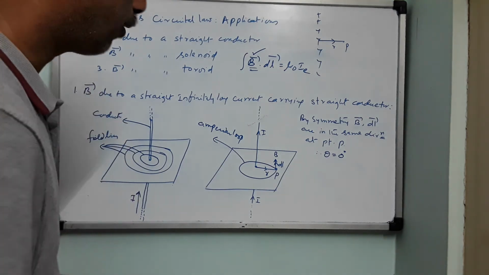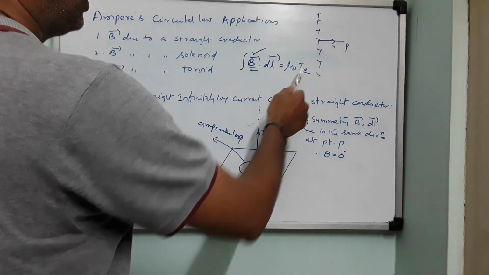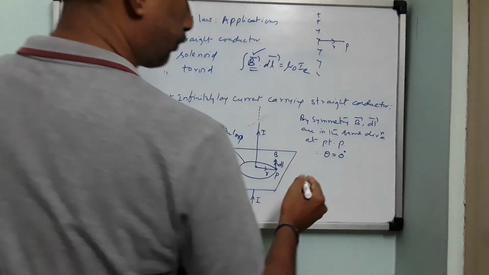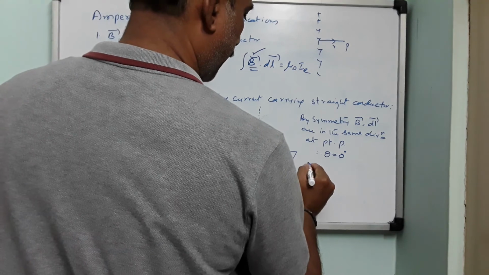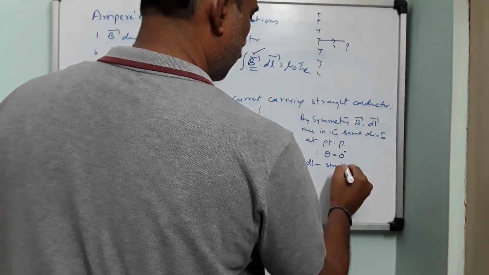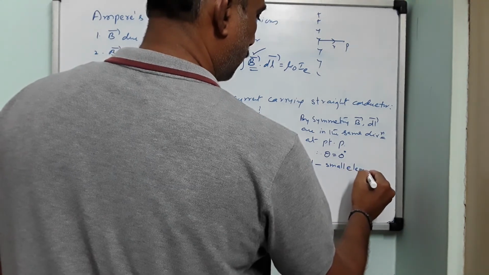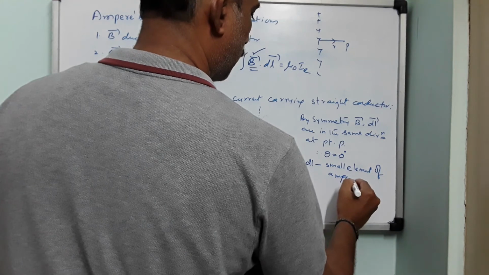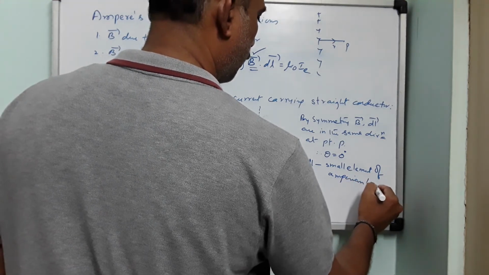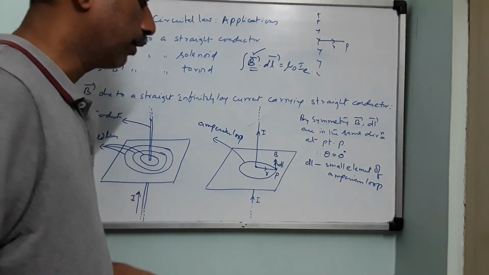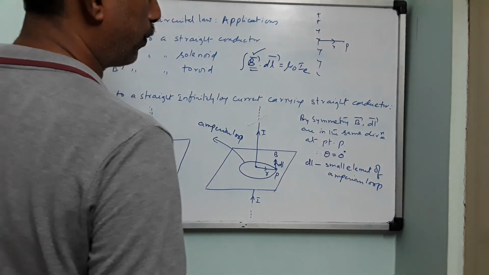Now, what is I_E? I_E is the current enclosed by the Amperian loop. So here I will write: dl is a small element of the Amperian loop. If you read the textbook, children, you do not get this clarity. Listen carefully. dl is a small element of the Amperian loop.